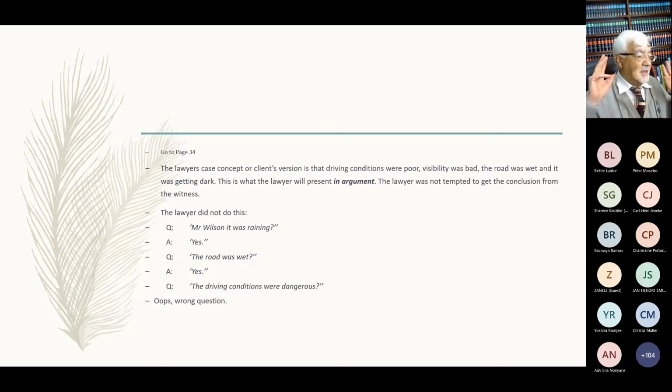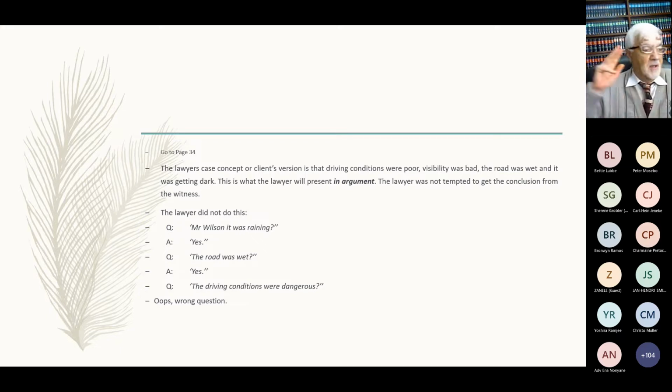Now, here is a problem with cross-examination. I told you, ask leading questions and tell the witness what the answer is. Many lawyers get tempted. They'll get the answers they want, but then they want to ask the witness to give them the conclusion.